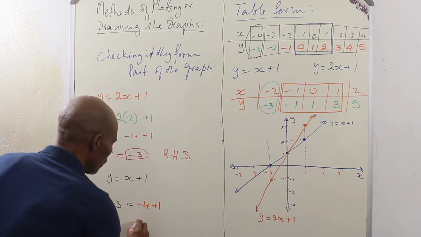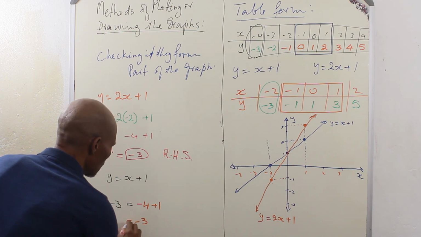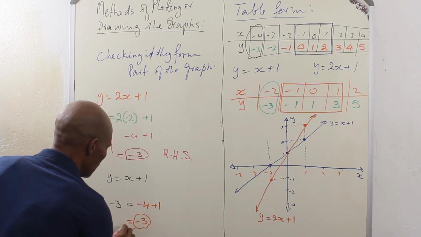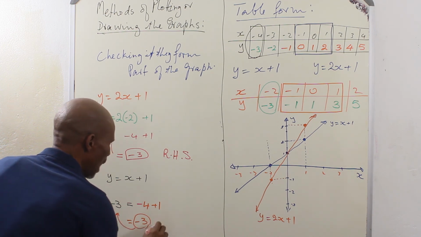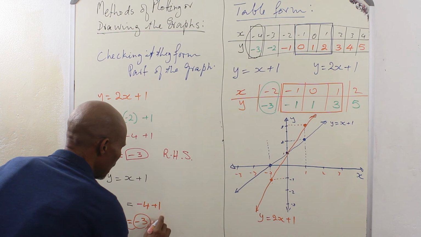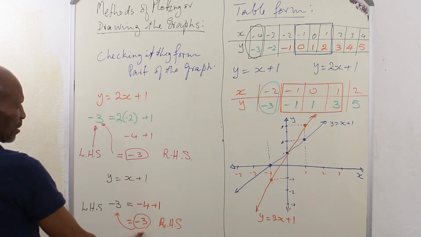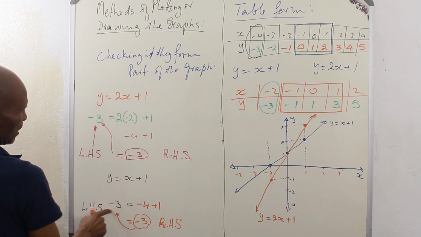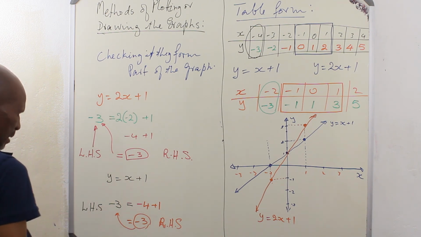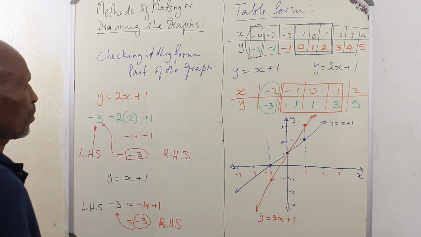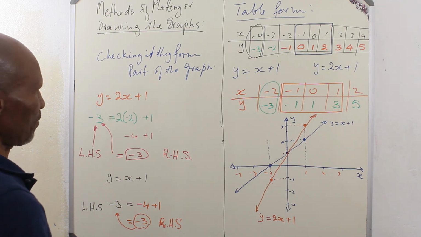Minus 4 plus 1 is minus 3. Our right hand side is minus 3 and our left hand side is also minus 3. So all those points are part of the graph.